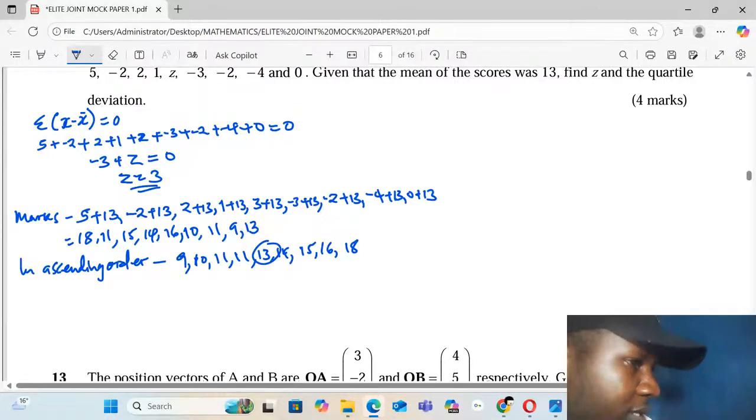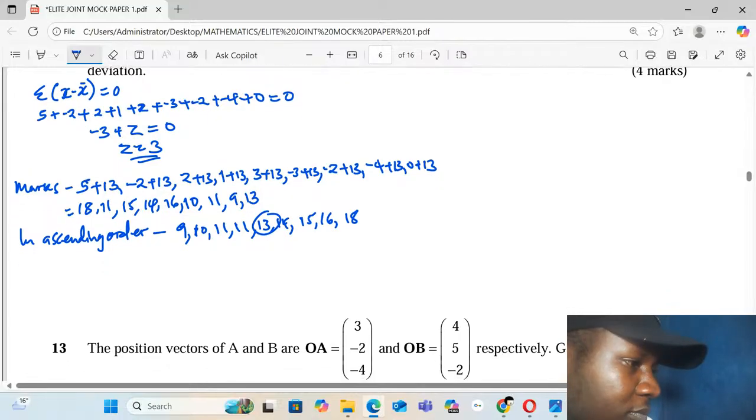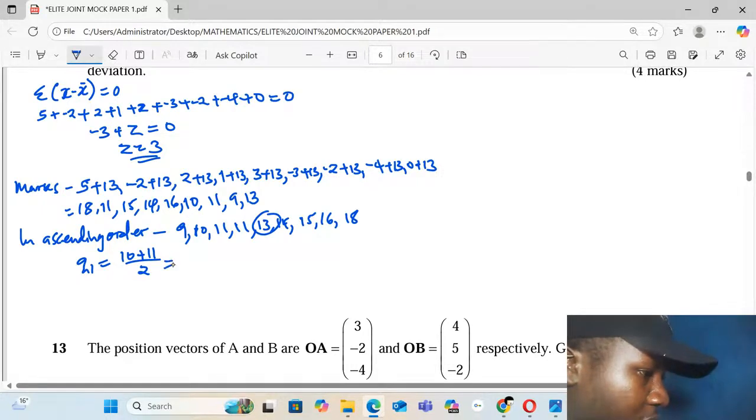So we look for the quartiles, Q1 and Q3. The lower quartile Q1 is 10 plus 11 divided by 2, which gives 10.5. Then the upper quartile Q3 is 15 plus 16 divided by 2, which gives 15.5.